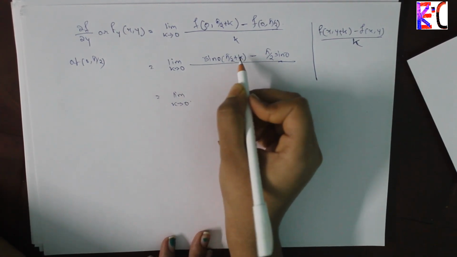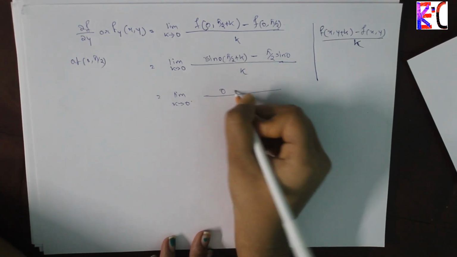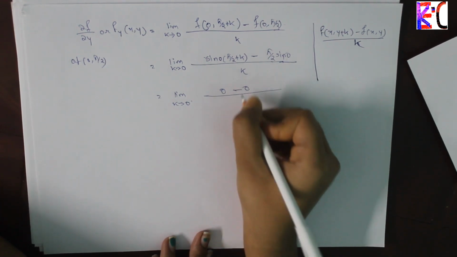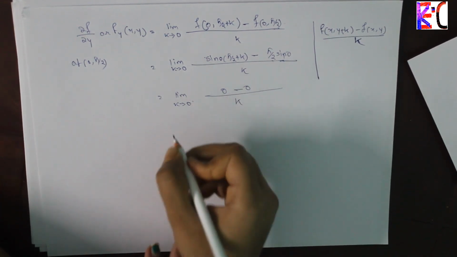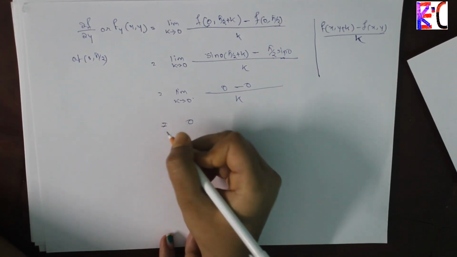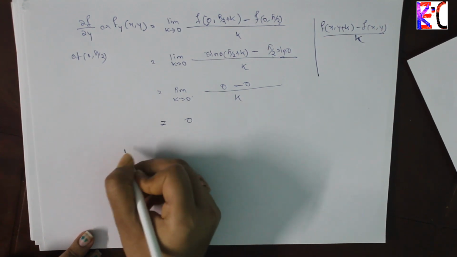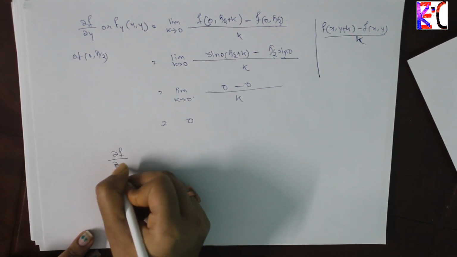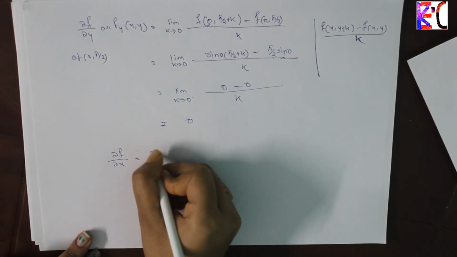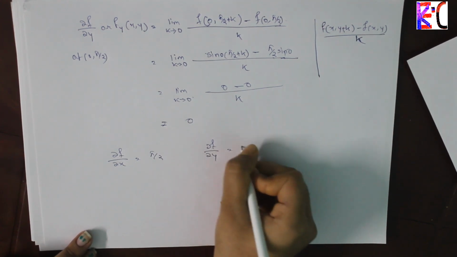Sin 0 is 0, so multiplying with this term is 0, minus sin 0 is 0 multiplied by pi by 2 is 0. 0 minus 0 by k is completely 0. It means del f del x is pi by 2 and del f del y is 0.